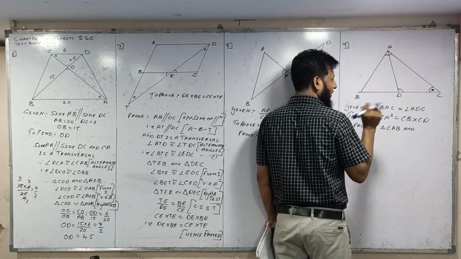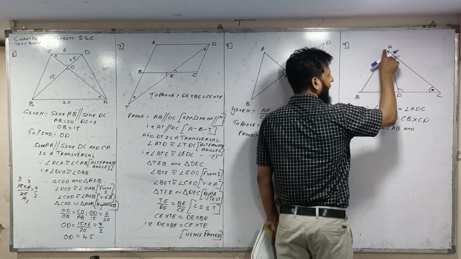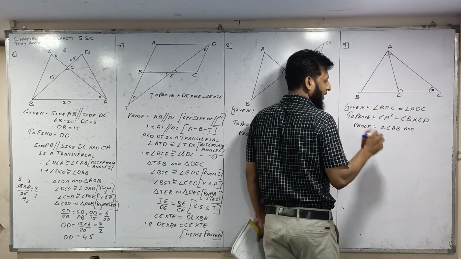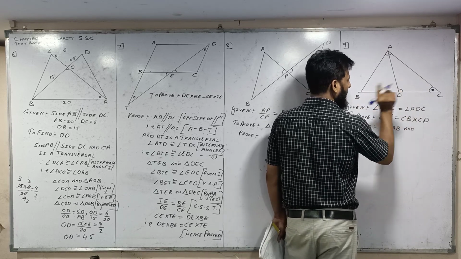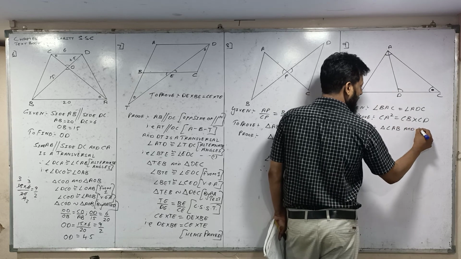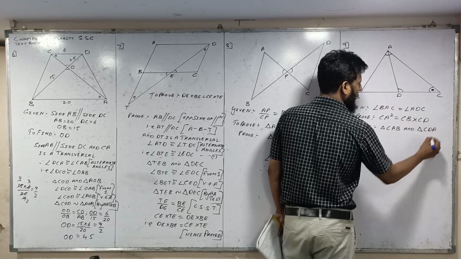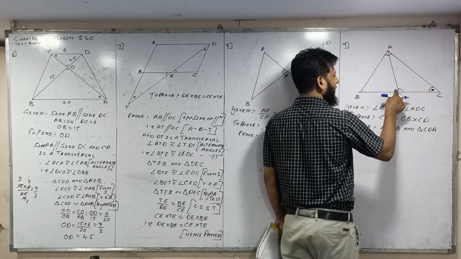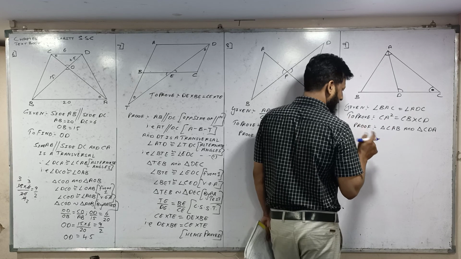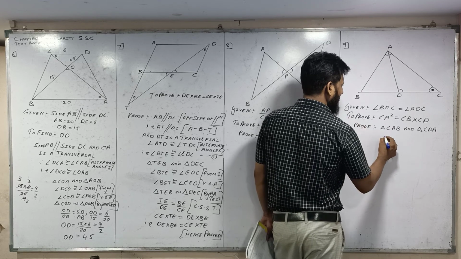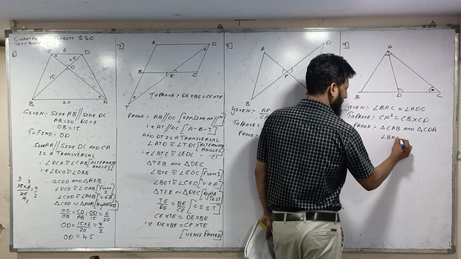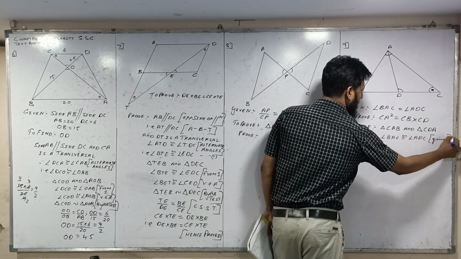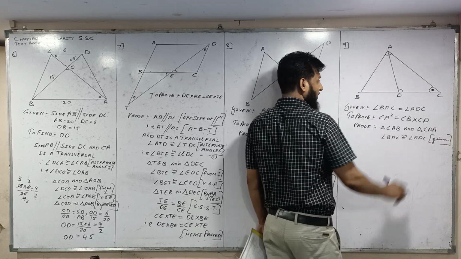So don't get confused: in this triangle it is angle BAC, and for this triangle DAC, different angle. They are different angles. Now I am giving the name to the common angle, this angle, and then the third angle CDA, triangle CDA. Give the name according to the sign of the angle. Now angle BAC is congruent to ADC, given, and this is the common angle.